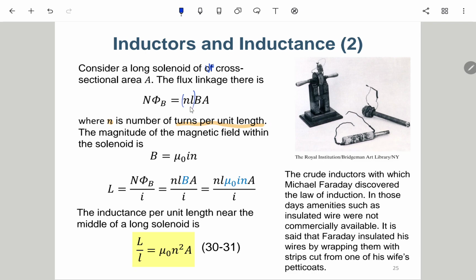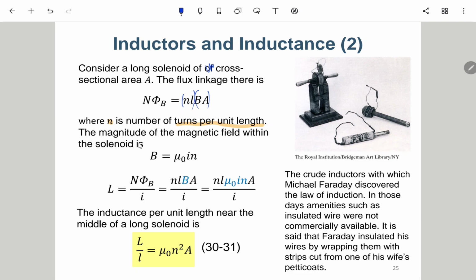So the flux linkage will be n times l times phi B, where phi B is B times A. Nothing special: we assume the B field is uniform inside the solenoid, so B times A is phi B.